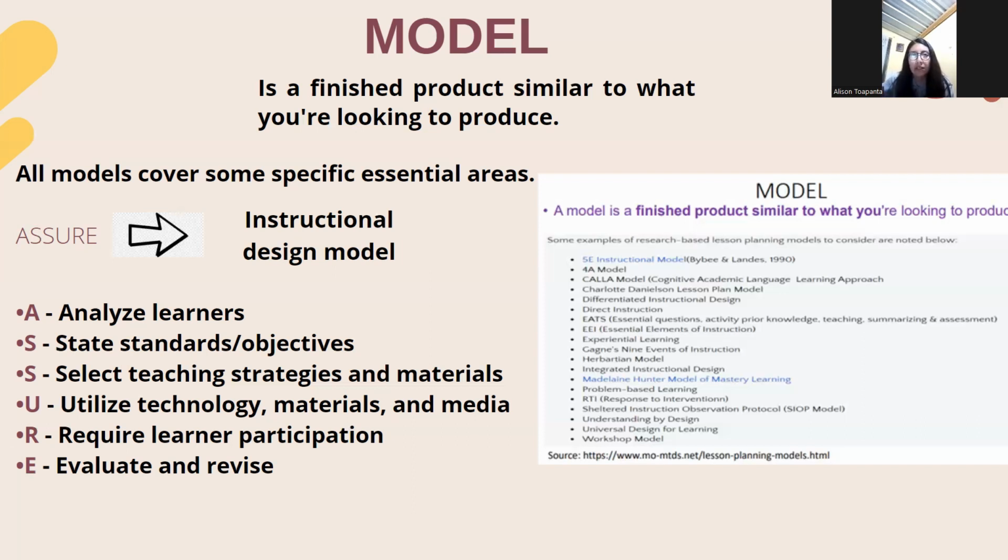Require learner participation is motivation through activities related to the interests of the students. Evaluate and revise is like self-evaluation also, because we need to focus on whether the model worked well or if something should change.